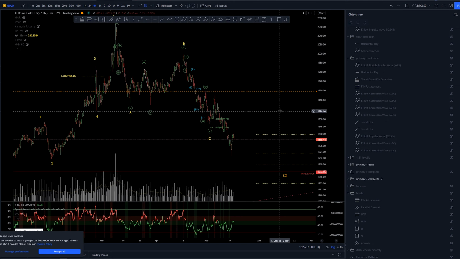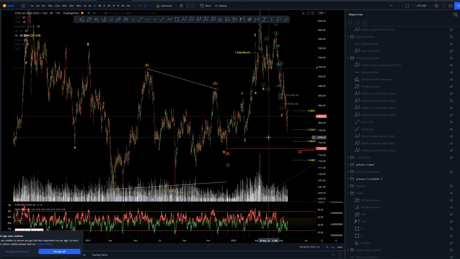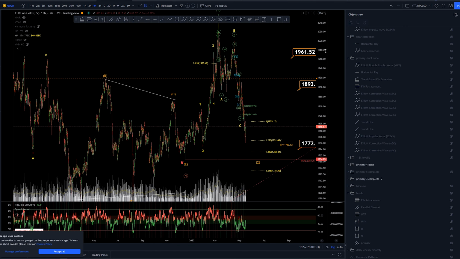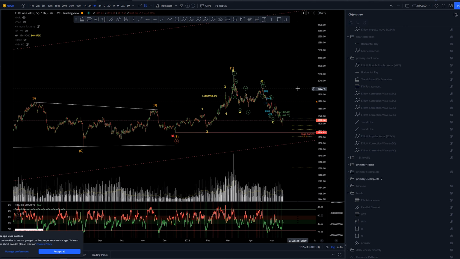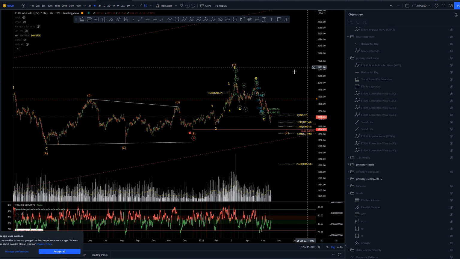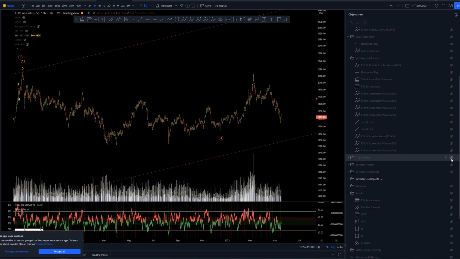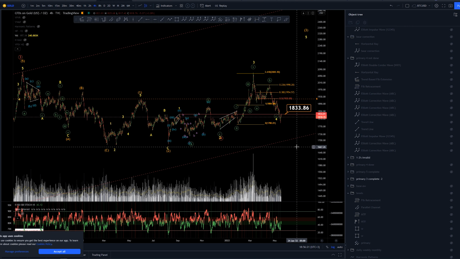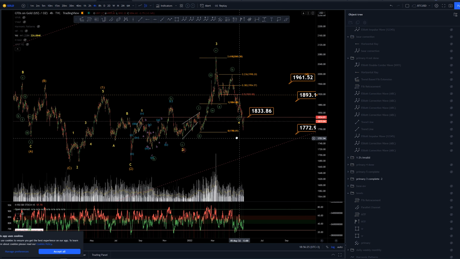Since then, of course, we've had lower prices, quite a bit lower, but still this bullish count is still alive. We can stretch these out as we need. I'm going to show you the possibilities on that soon. Now this other more bullish count got invalidated, at least somewhat.